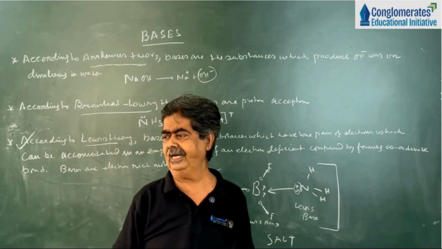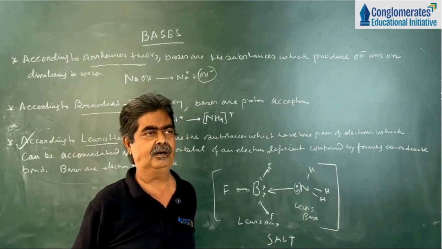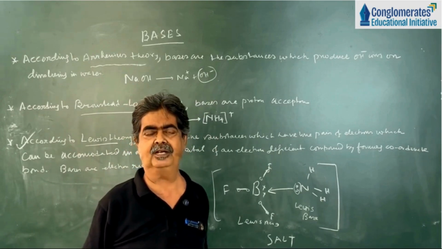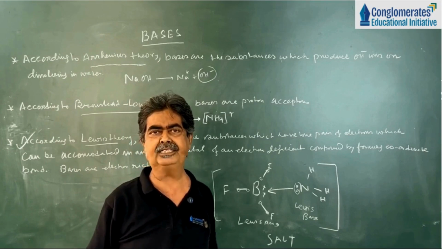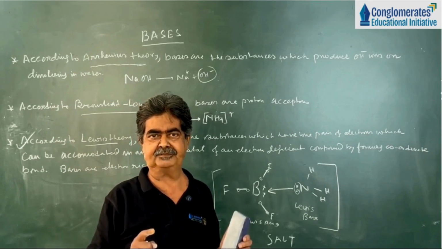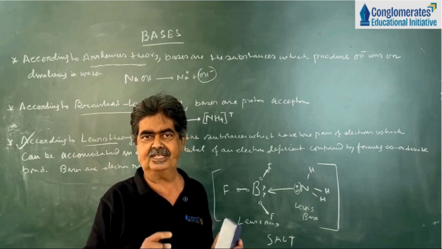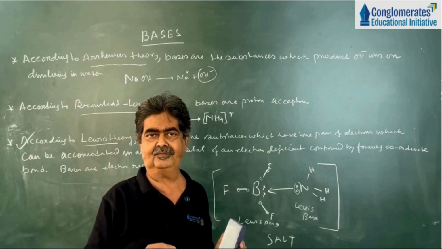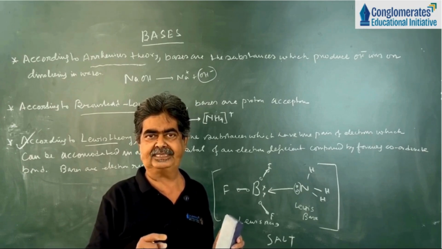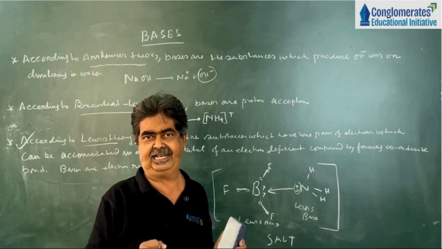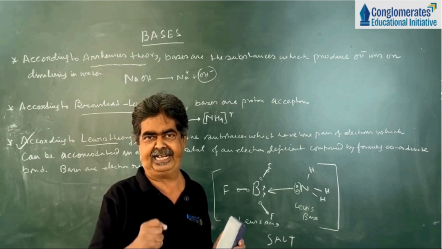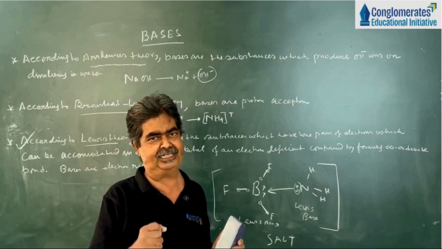Now let me conclude about the definition of bases. First of all, Arrhenius theory. According to Arrhenius theory, bases are the substances which can produce hydroxyl ion when they dissolve in water. Secondly, Bronsted-Lowry theory. According to this theory, bases are the proton acceptors, because ammonia accepts protons.